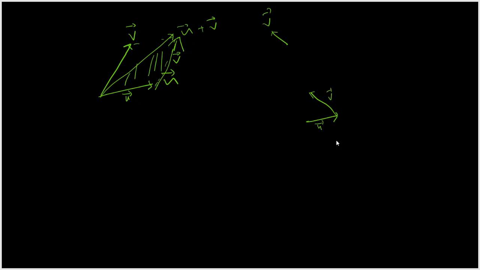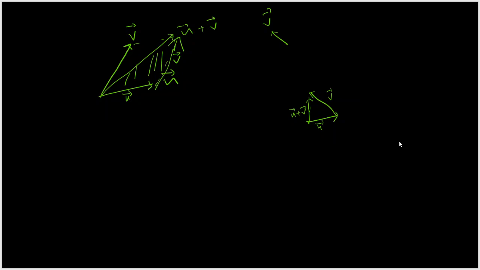You make the two vectors connected, and then the vector with the initial point the same as the initial point of u, and the terminal point the same as the terminal point of v, that vector is u plus v. It's probably a little bit hard for me to describe, but the meaning is simple. You just connect the two vectors and then you can get the sum. Just remember that.